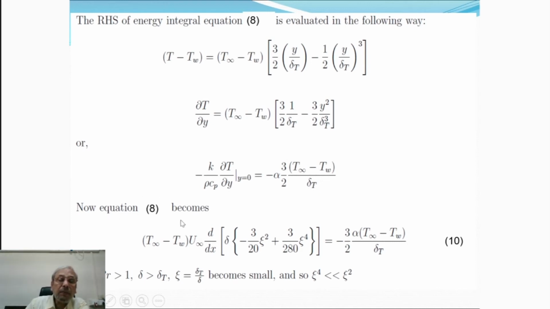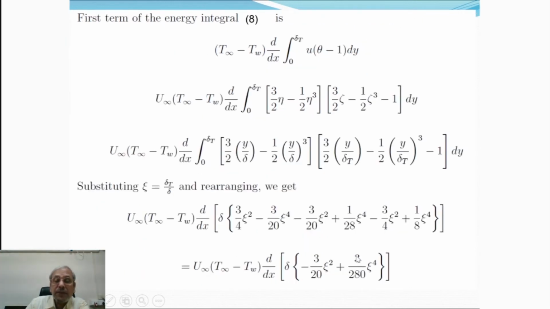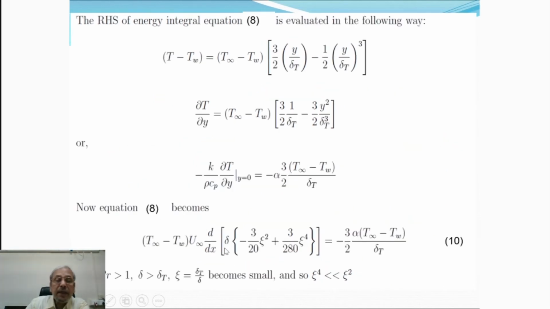Now equation 8 becomes (T infinity minus TW) into u infinity d/dx of this, which we got on the previous page. So we write d/dx of delta into (minus 3 by 20 zeta square plus 3 by 280 zeta 4) equal to minus 3 by 2 alpha (T infinity minus TW) by delta t.